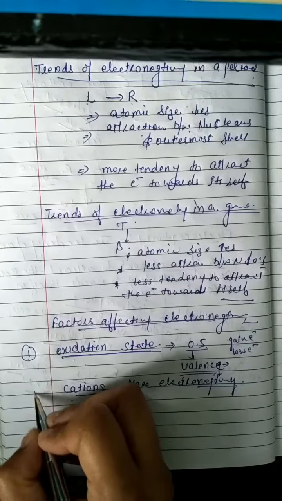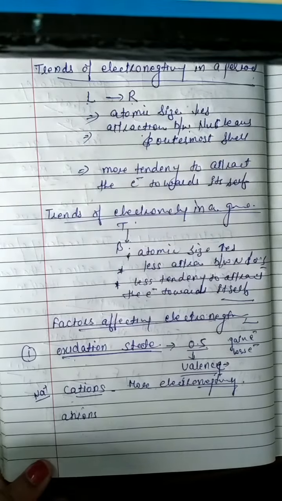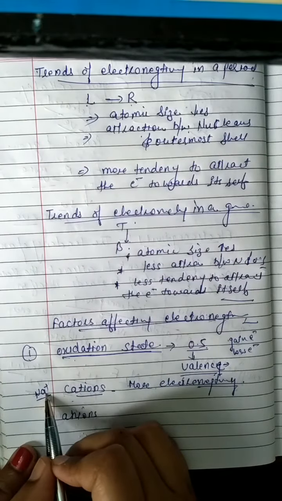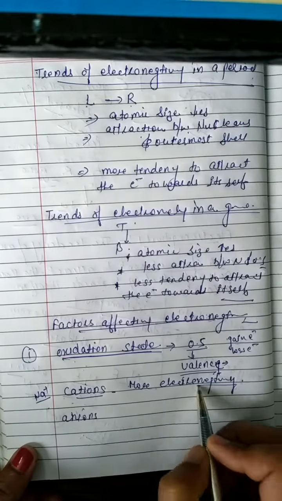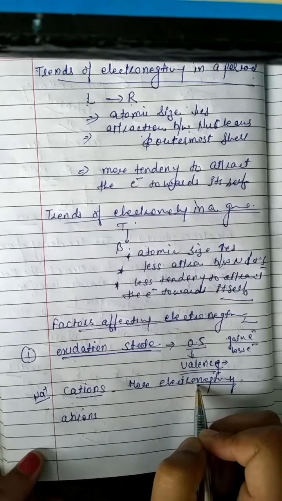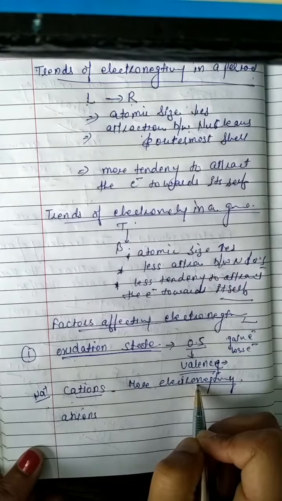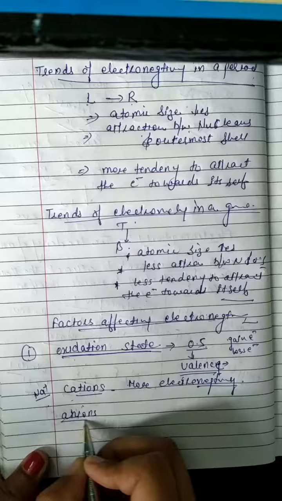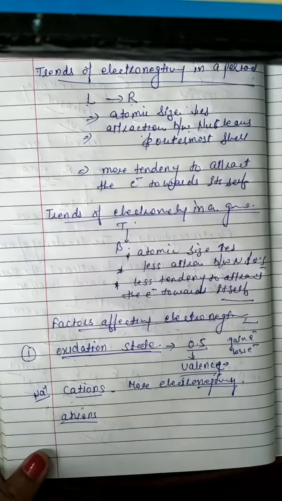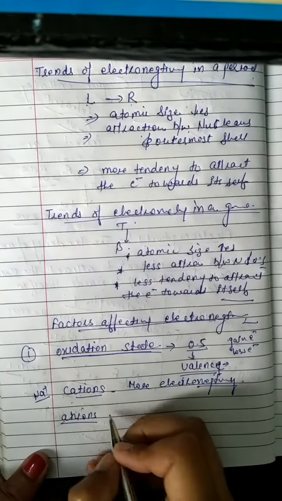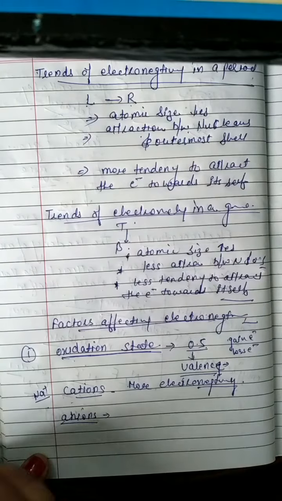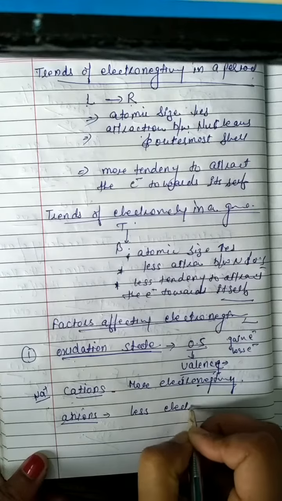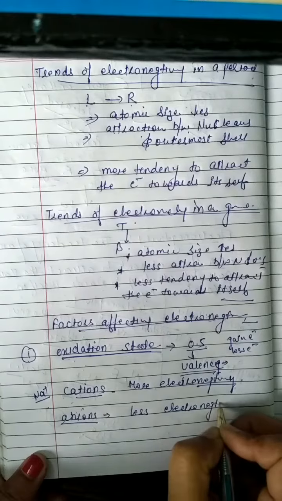If we are talking about Na positive, it has a great tendency because its size is small now. So it has a great tendency to attract the electron towards itself, and we can say more electronegativity. If the oxidation state exists in anions, meaning they are gaining electrons, they have less electronegativity.